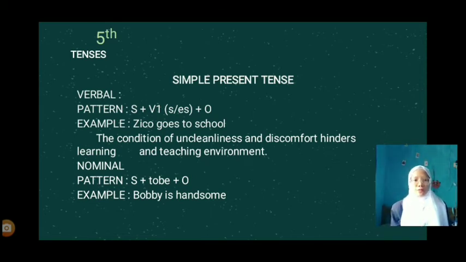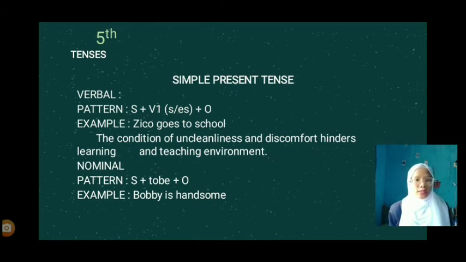So Zico is the subject, goes is verb 1. Why should it add s or es? Because Zico is a singular subject, that must add s to the verb in simple present tense.